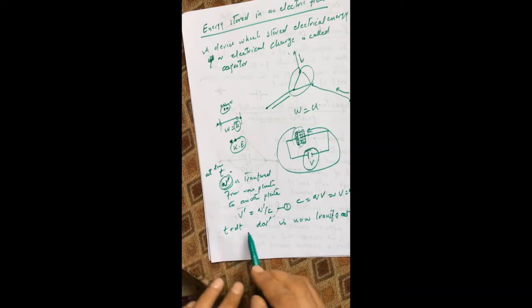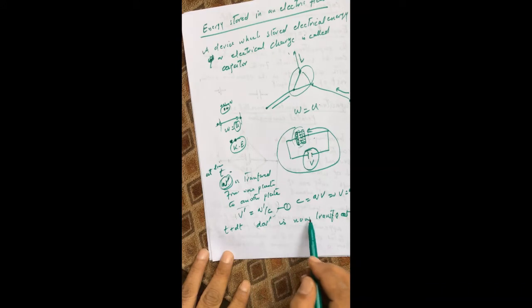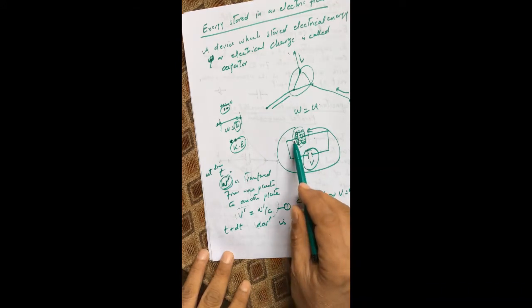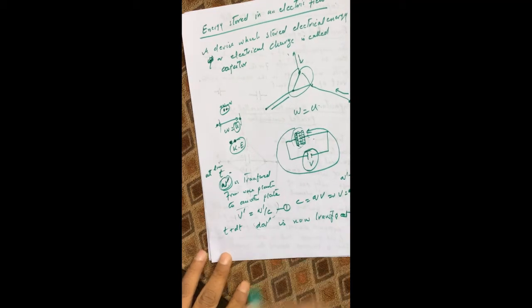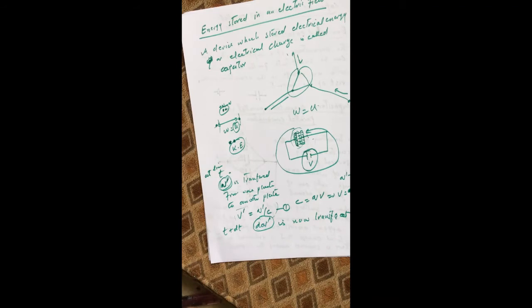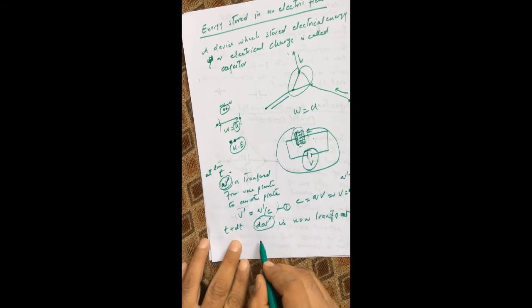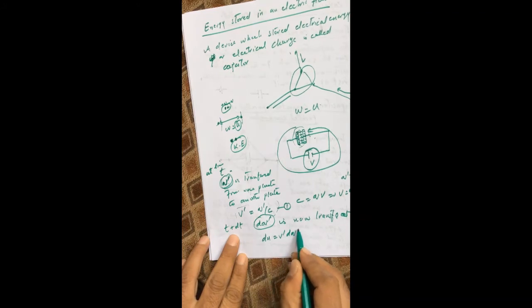Now after time t plus dt, an increment of charge dq prime is transferred from this plate to this plate. So the total charge transferred is now q prime plus dq prime. Due to the transfer of this increment of charge, the electric potential energy stored will be dU, which is equal to V prime dq prime.